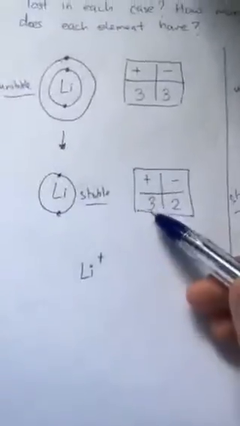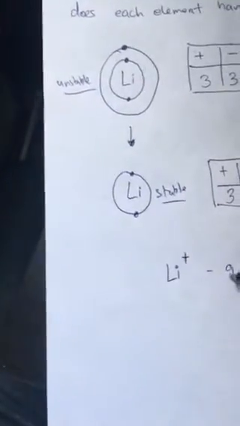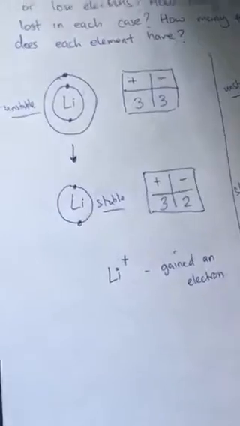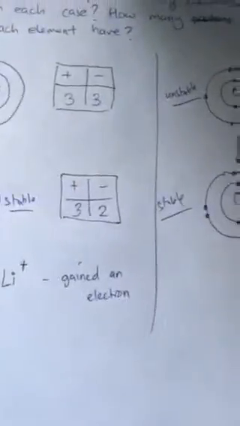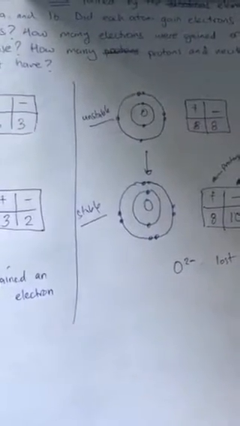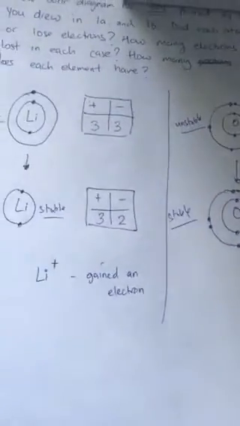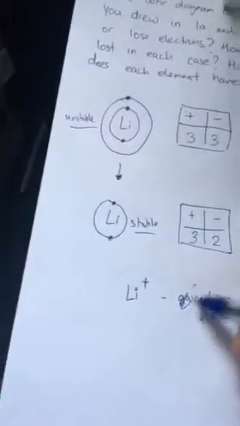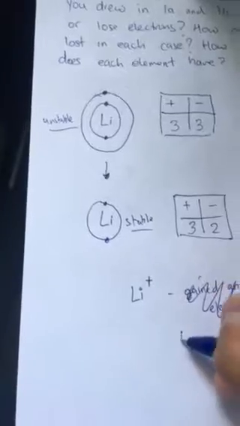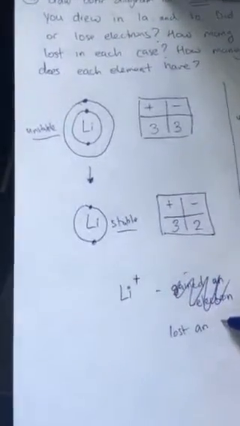Okay, so the question is asking you, did each atom gain electrons or lose electrons? So if you look at lithium, lithium gained an electron to be stable, okay? Oxygen lost 2 electrons. I'm sorry. Lithium lost an electron.